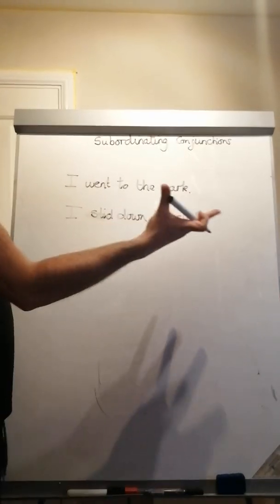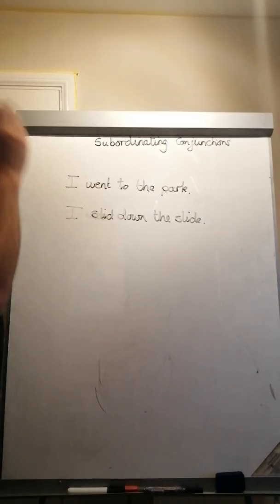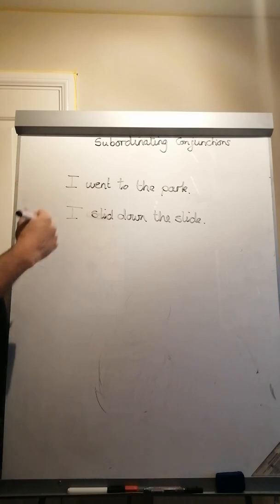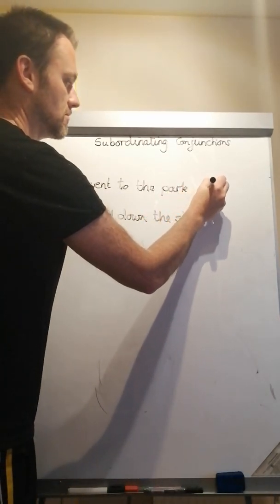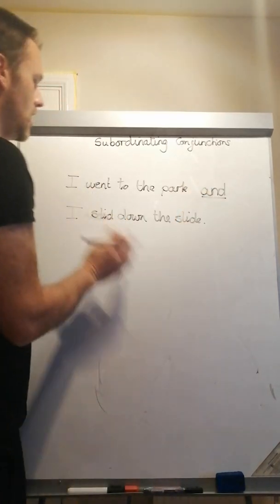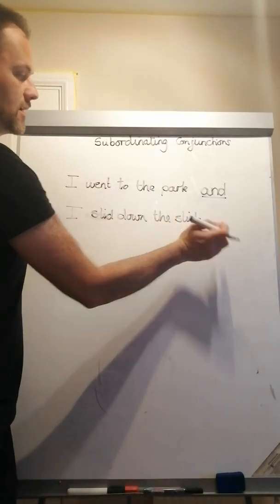Now, both of these sentences make sense on their own. If I was to join them together using one of the coordinating conjunctions from last week, for example, and, I will underline it, I went to the park and I slid down the slide.